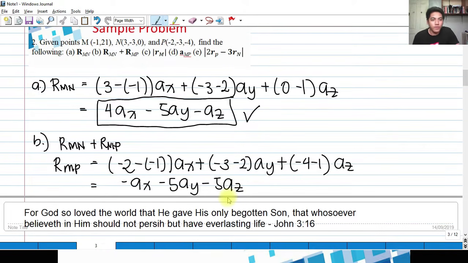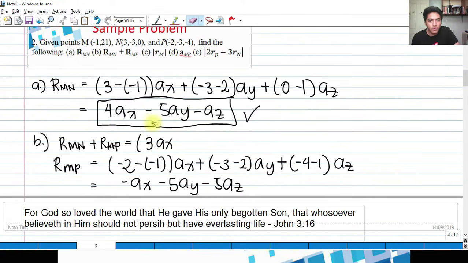So we can now perform vector R_MN plus R_MP by simply adding the components. We have 4 a_x plus negative a_x, which is simply what? That is 3 a_x.